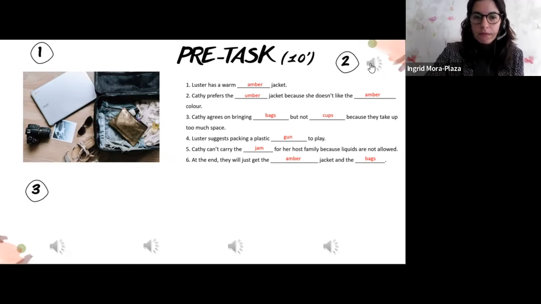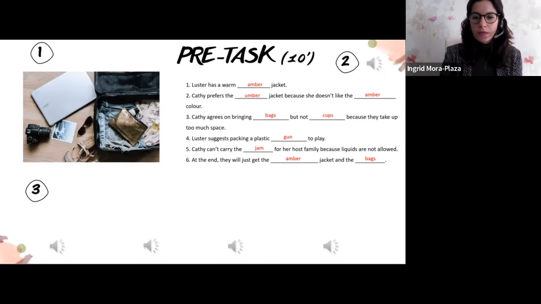Hi, Luster. Should we pack up together so we only bring one bag? Yes, I have a very warm amber jacket, which will be really useful in London. I prefer the umber jacket you have. I hate the amber colour. Okay, that's fine. Could you bring cups and bags? I agree that small bags may be really practical, but I'd rather not bring cups as they take up too much space, and we can buy them there.